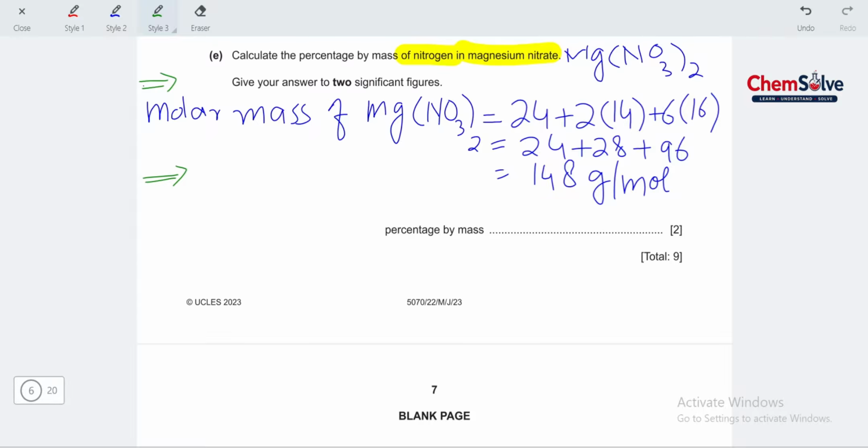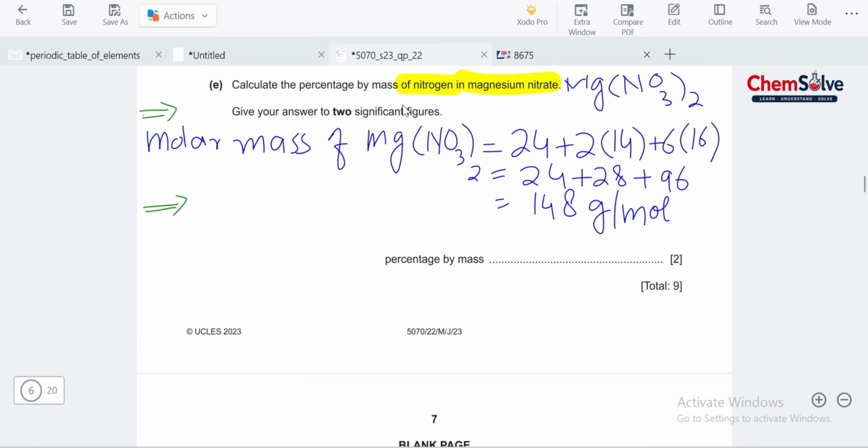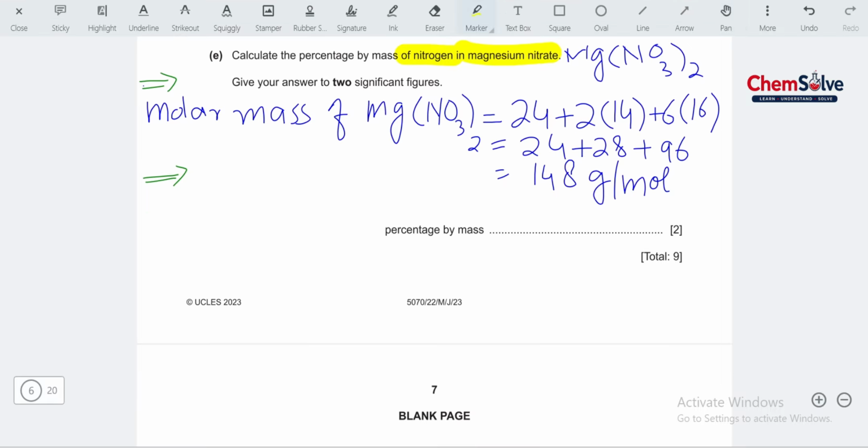Now next step. The next step is the usage of the formula, and according to the formula we have to divide the mass of the element whose percentage we are going to find out over the molar mass of the compound. So look carefully that we have to find out the percentage by mass of nitrogen, and the mass of nitrogen here is 28. My dear student, this is a very important point, and this is a very common mistake that the students make. They just look at which element's mass is being asked.